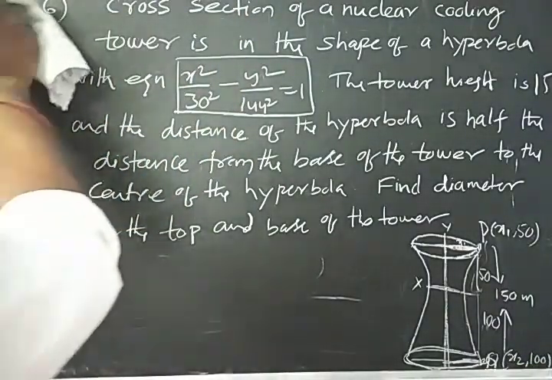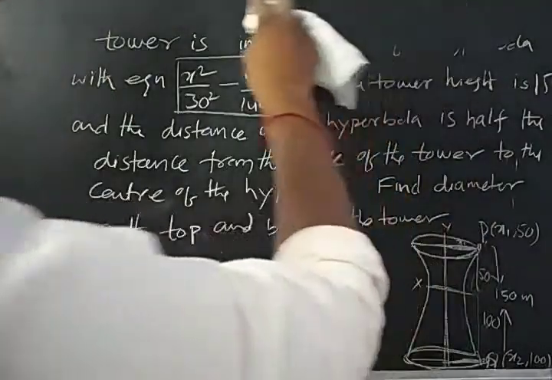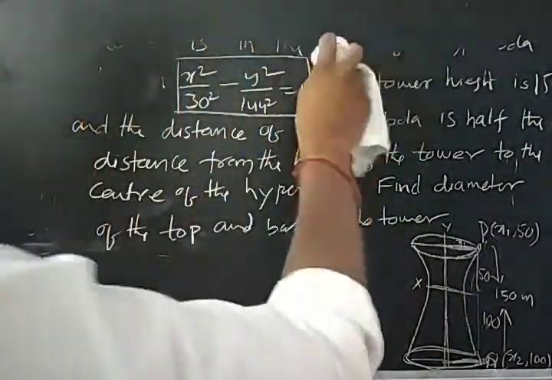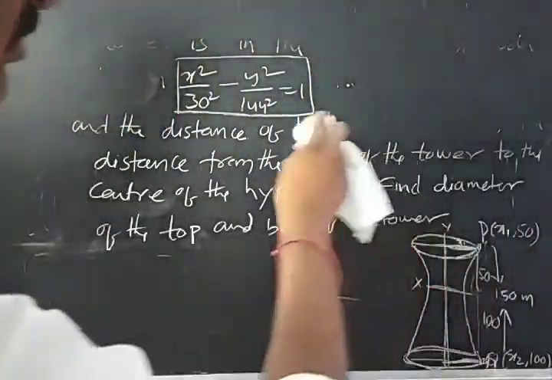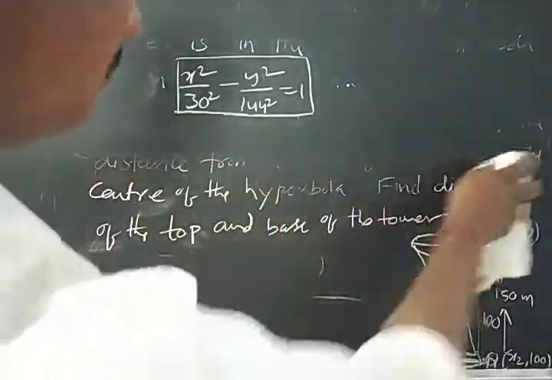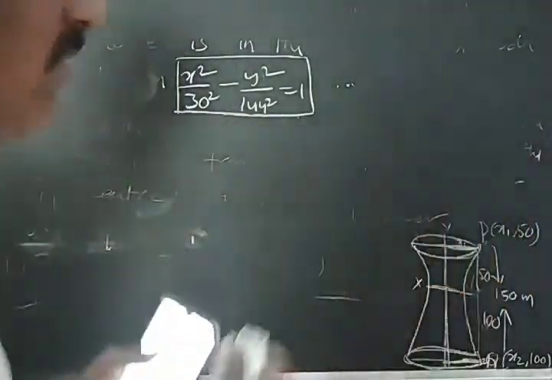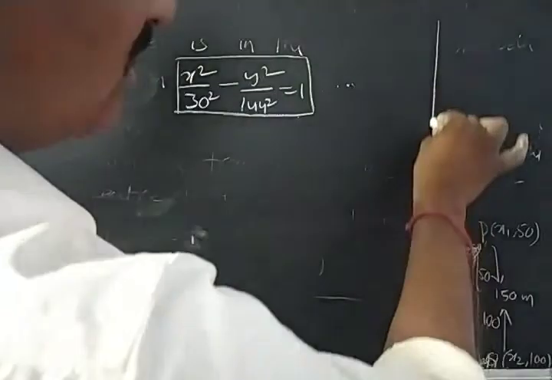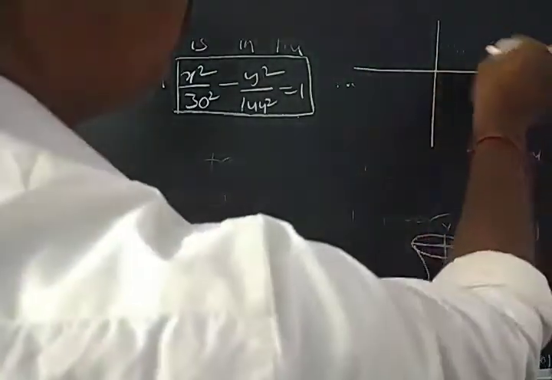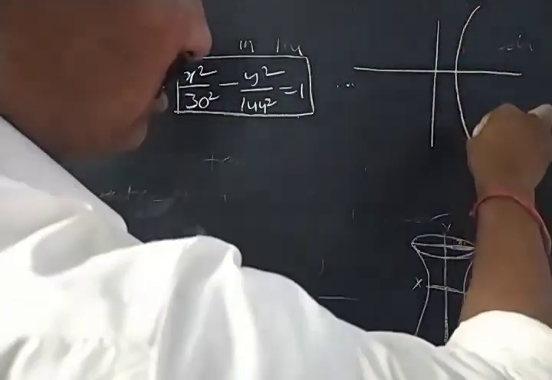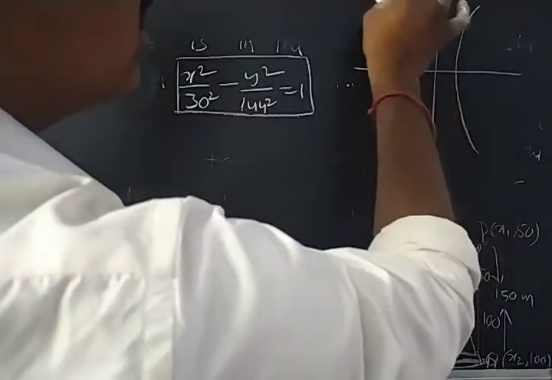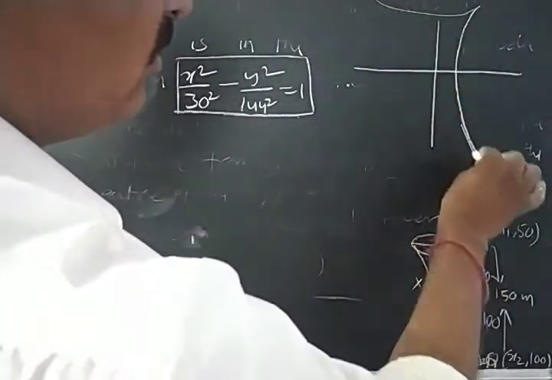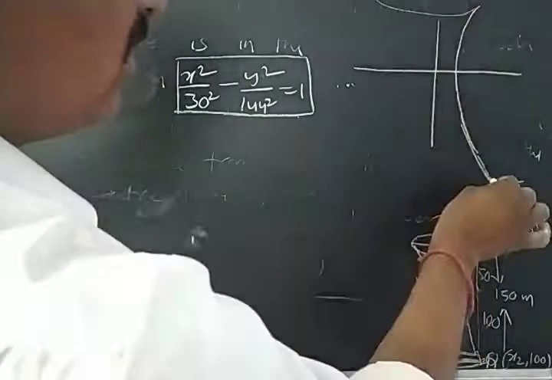Now according to the question we can draw one figure. Using the given diagram I will draw the hyperbola. This is the cross section, and this is the top, and this is the bottom.